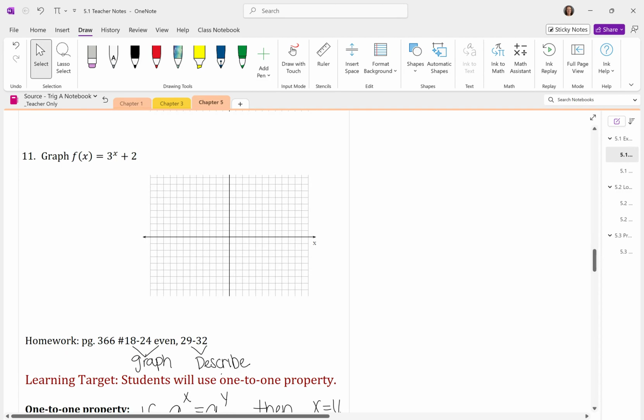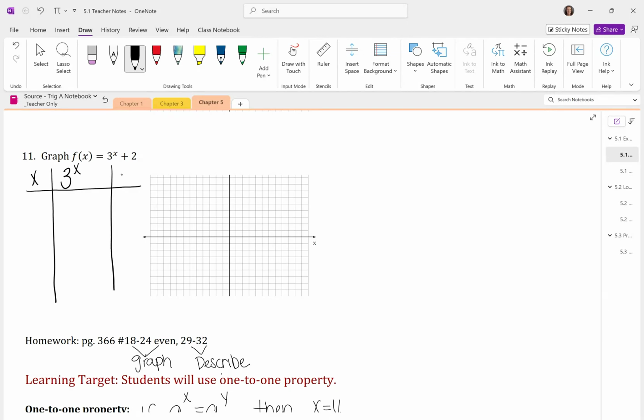Okay, so number 11, you would have 3 to the x, and then add 2. You can use other numbers other than -2, -1, 0, but those are just easier numbers to use. So if you substitute them in for x, this would be 1/9.